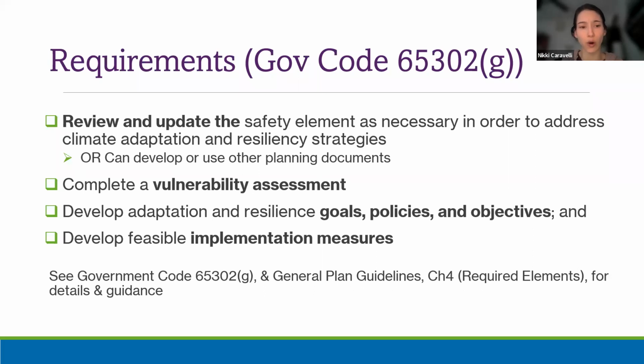Other requirements include completing a vulnerability assessment, developing adaptation goals, policies, and objectives, and developing feasible implementation measures. Additional detail and guidance is in our general plan guidelines, chapter 4. You should also look at the specific statutory language for the legal parameters and specific details.